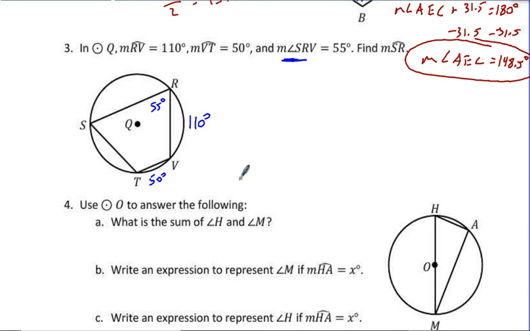The angle opens through arc STV. And the inscribed angle is half of the arc. So this entire arc here is going to equal 2 times the angle.